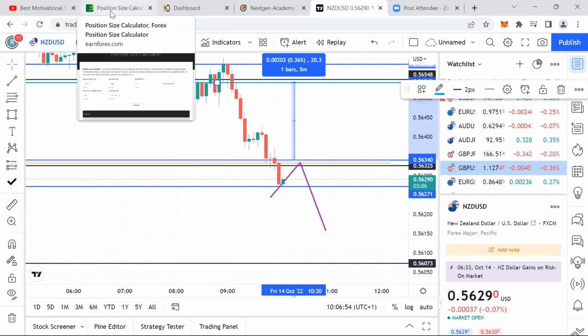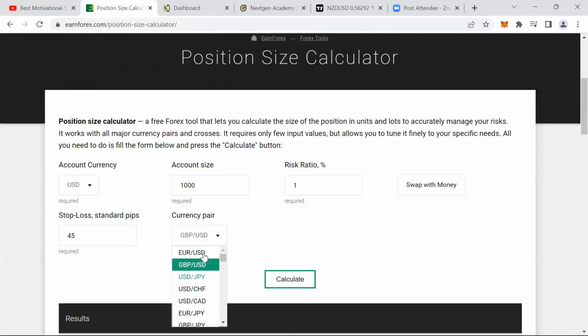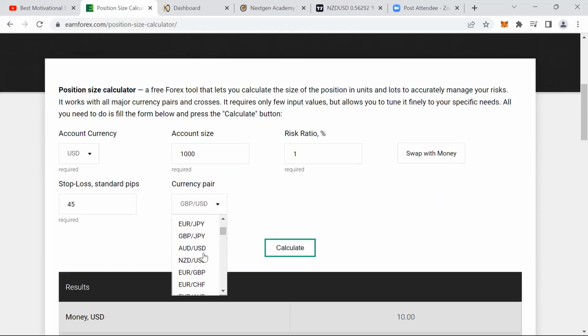You come here, you look for NZD USD. You change the risk percentage to 1%. Let's say your account size is still 1,000, you leave it at 1,000.